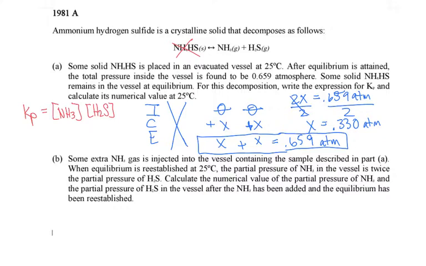To calculate its numerical value, I'm going to plug in 0.330 for each of these, and I'm going to solve for what Kp equals. And I get 0.109. Now I rounded to the third decimal place. Kp is going to have no units, so this is my answer for part A.